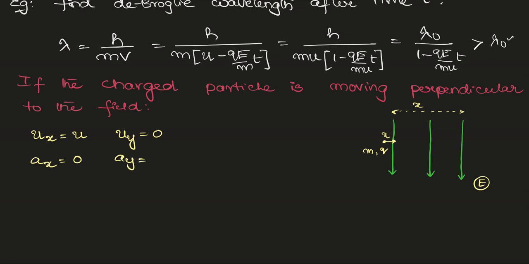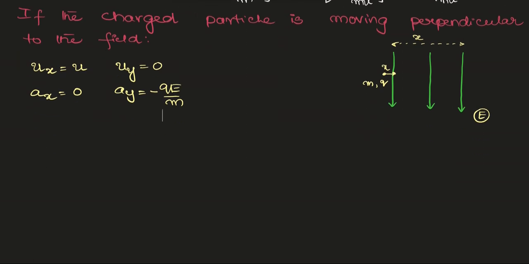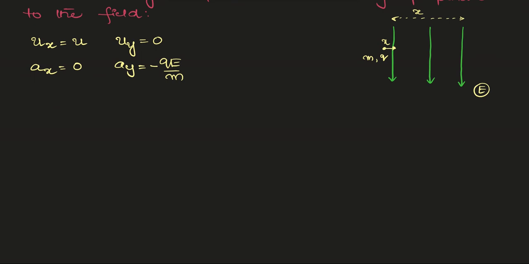Because the field is directed along the y-axis, we'll have acceleration as, I'll keep a minus sign because the field is in the downward direction. Now they'll ask you velocity as well as displacement equations. First I'll write the displacement equations.